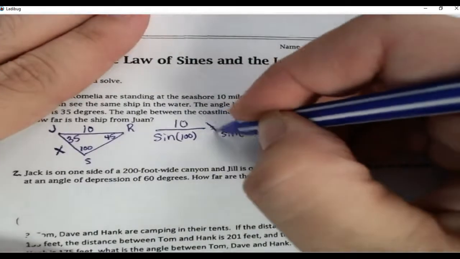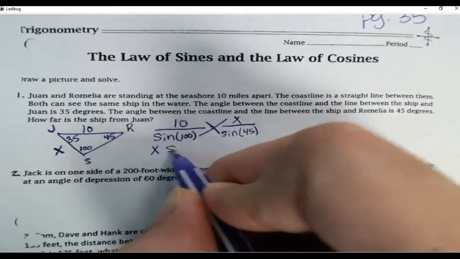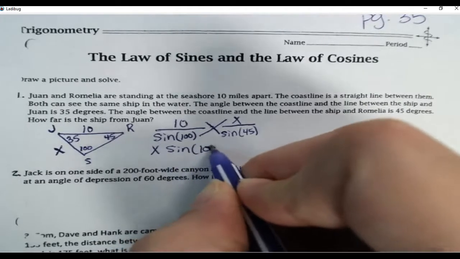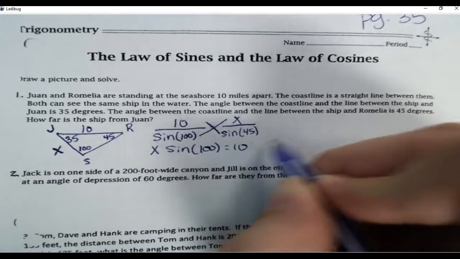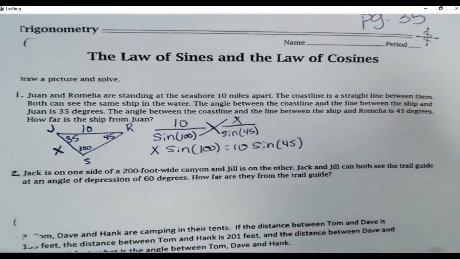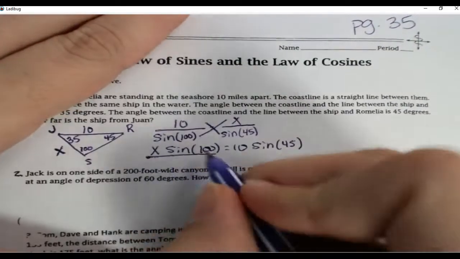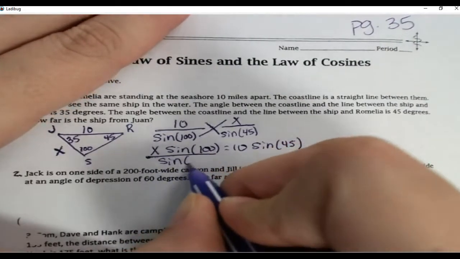Now we cross multiply. So we get X sine of 100 equals 10 sine of 45, and then what do I do to solve for X? Good. So divide by sine of 100.